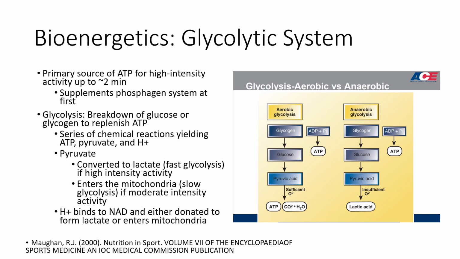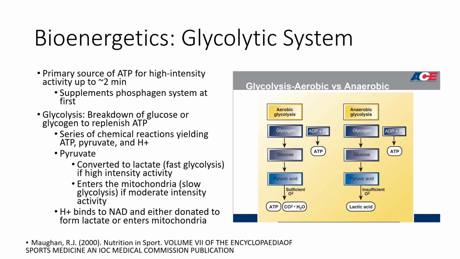So glycolysis is the breakdown of carbs to resynthesize ATP. There are two sources of carbs in the body used for glycolysis: muscle glycogen stores and glucose from the blood. The glycolysis process is driven by many enzymatic reactions and therefore takes a longer time to resynthesize ATP than the phosphagen system, which only requires one enzyme.